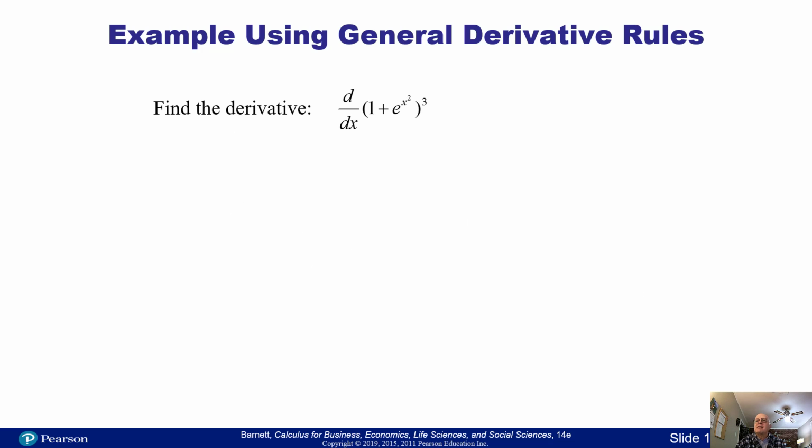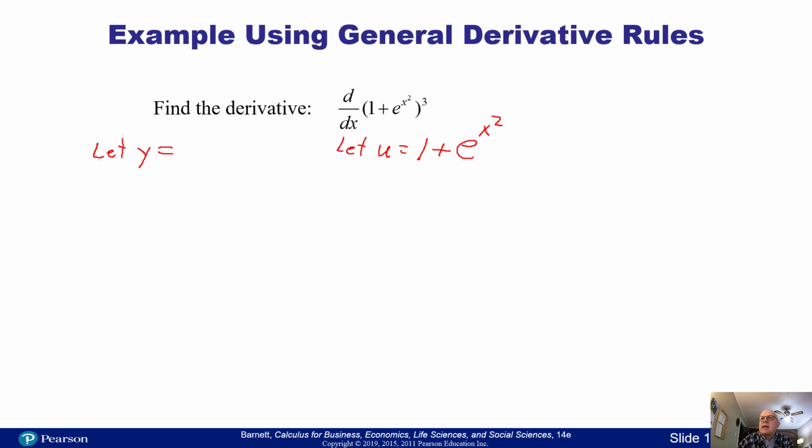And last of all, let's see if we can do this one. So, let y equal... now the inside function is this, so I'm going to say let u be the inside function, sort of get that out of our hair, so to speak.